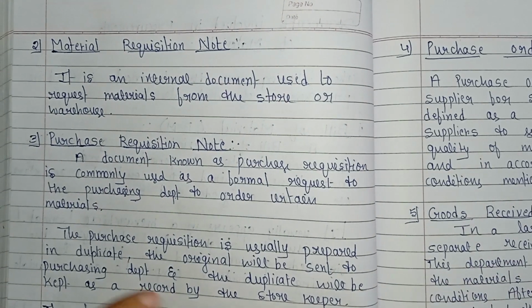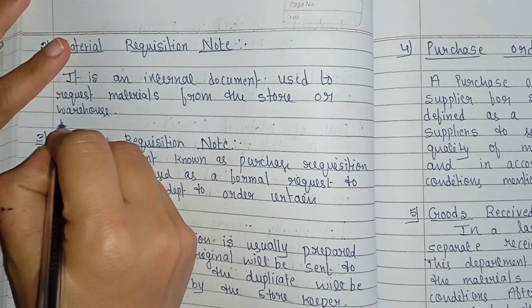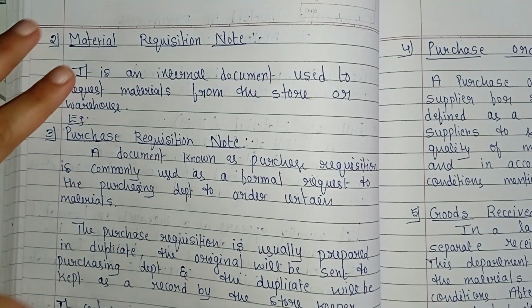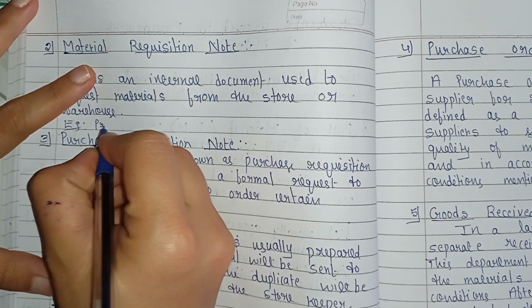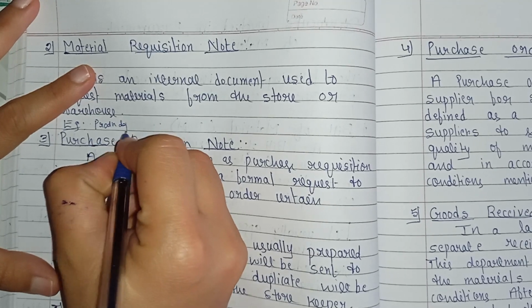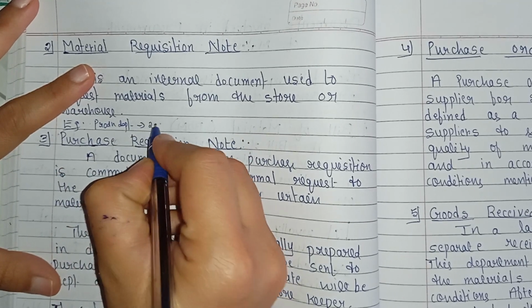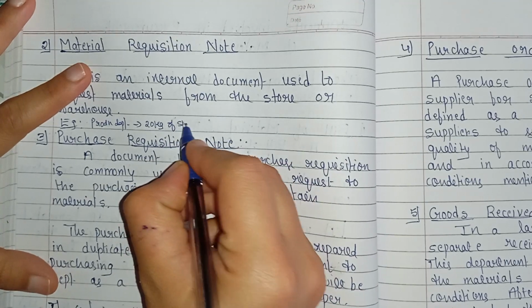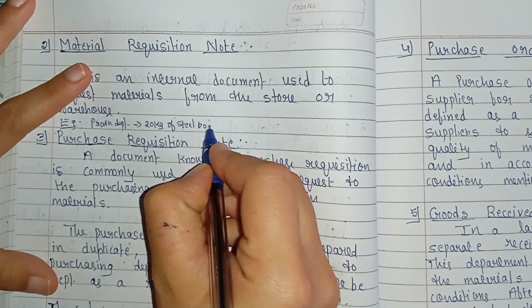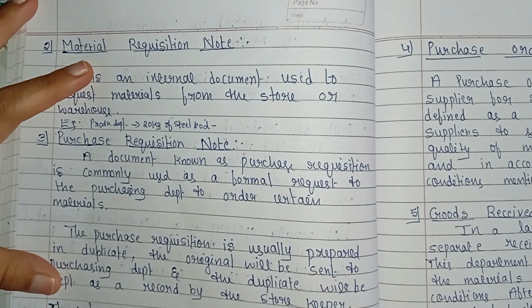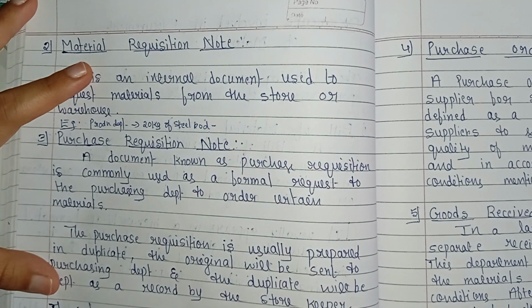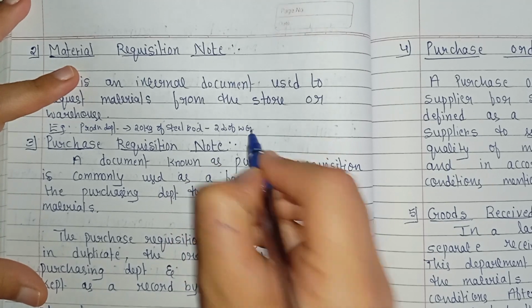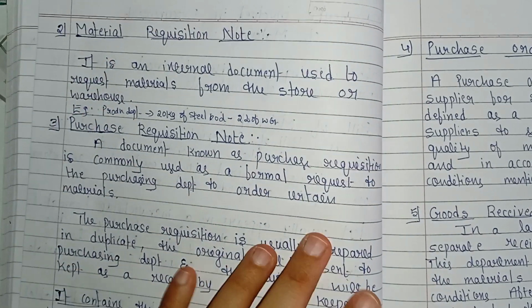See, for example, the production department needs 20 kg of steel rod and 2 liters of welding gas. I will write down WG, that is welding gas.